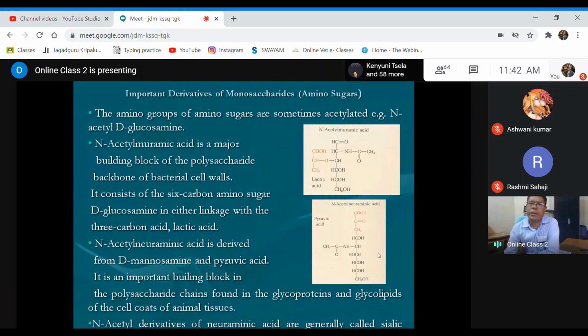So let's see here what we have. If you don't consider this one, this will be the mannose. Since the amino group is attached to carbon number 2, it becomes the mannosamine. Now to the amino group attached to carbon number 3, this group is attached.